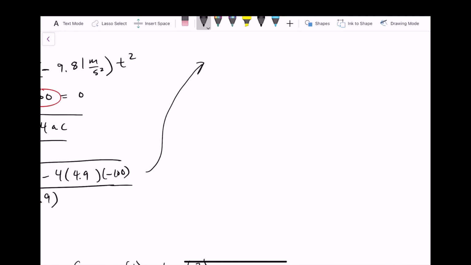Okay, we will get t is equal to 33.4 seconds, or t is equal to negative 0.61 seconds. So mathematically this works, because those are where that parabola would cross the x axis, and it does that twice.